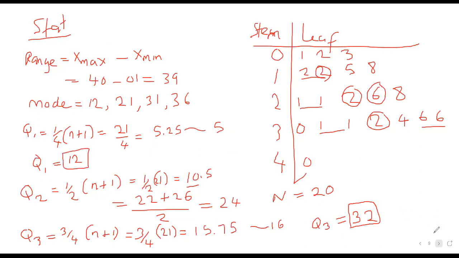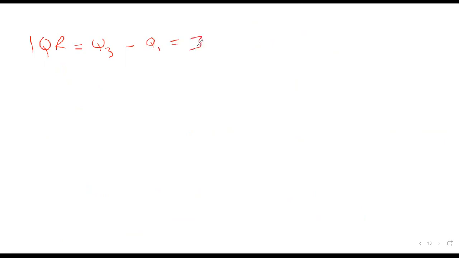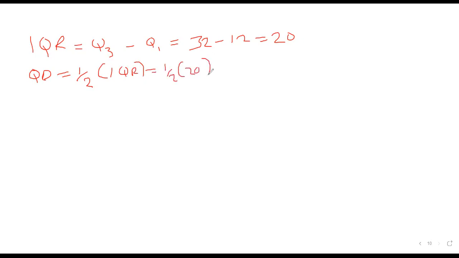What is 32 minus 12? 20. And we have what we call quartile deviation, which is half of the interquartile range. So half of 20, you get what? 10.